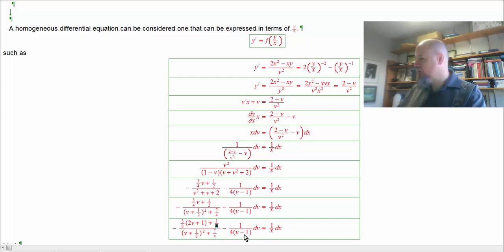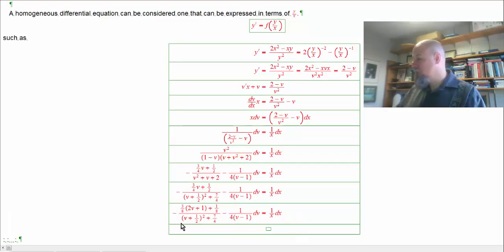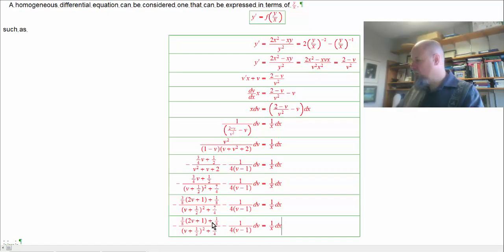Alright, why did I do this? Notice if I expand and simplify that top piece, I'm getting the 3/4 v plus 1/2. Why did I want to do that? Because I can split it now on this plus sign. Okay, I got to distribute that minus across.